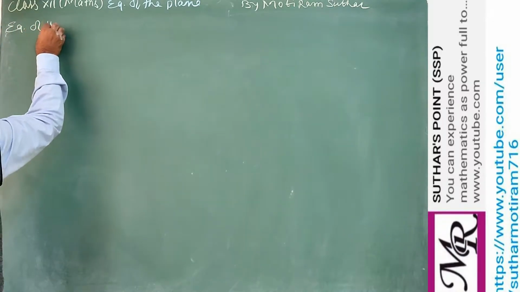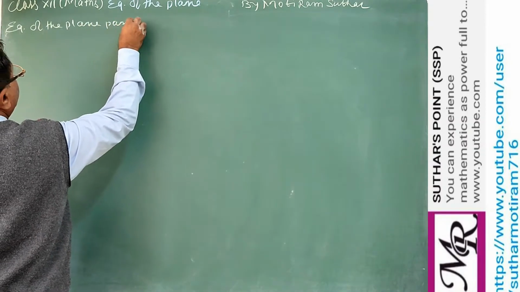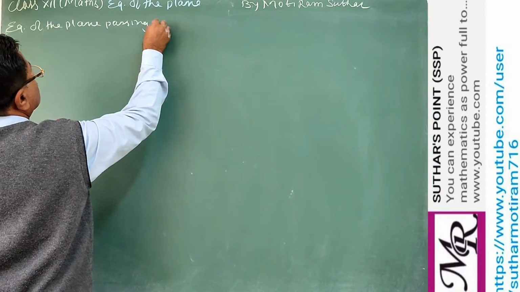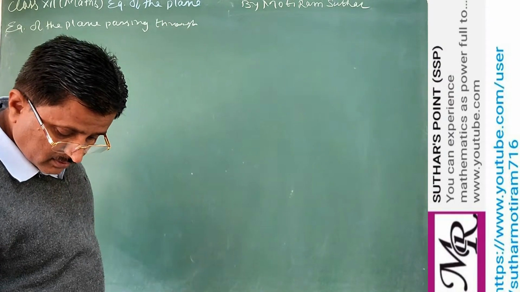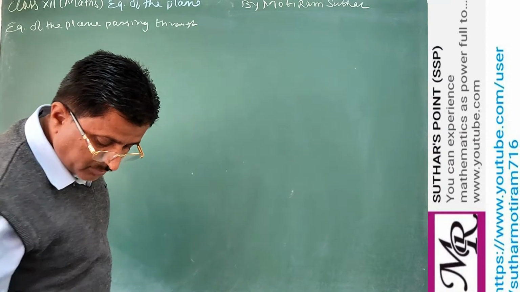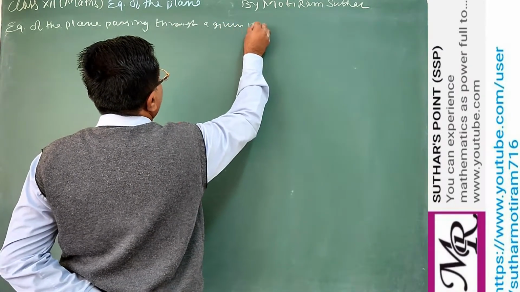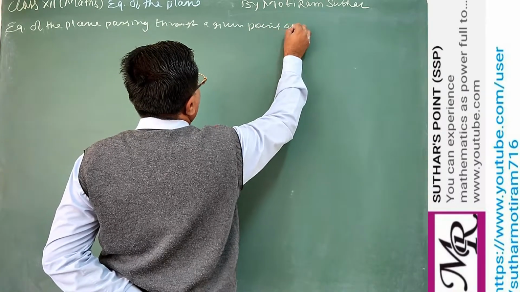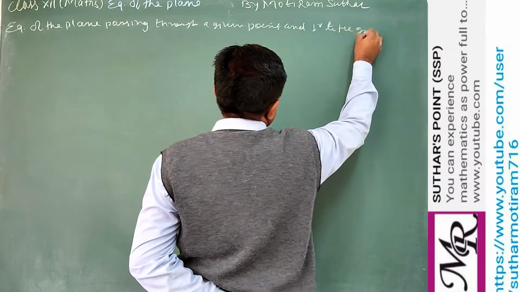Equation of the plane passing through a given point and perpendicular to the given direction.